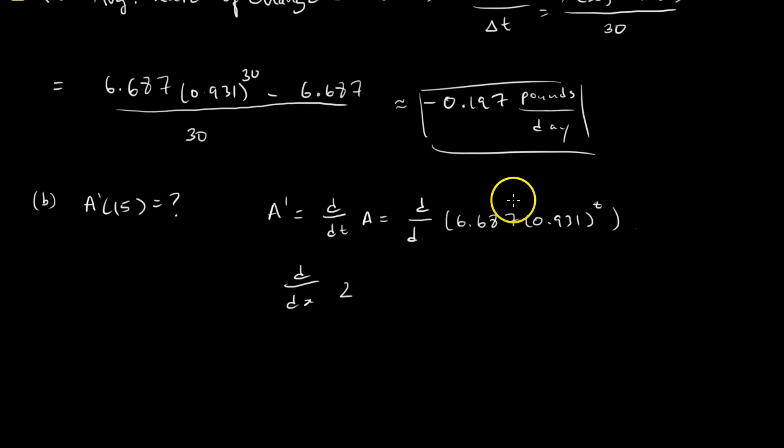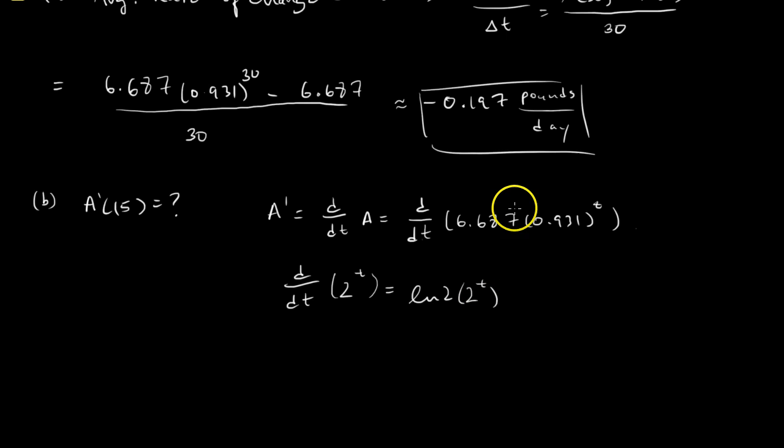Because you see, this is t, not x. So let me just change this, not x, but rather time. So let's say we want to take the time derivative of 2 to the t. We know that this is just ln of 2 times the same function to the t.